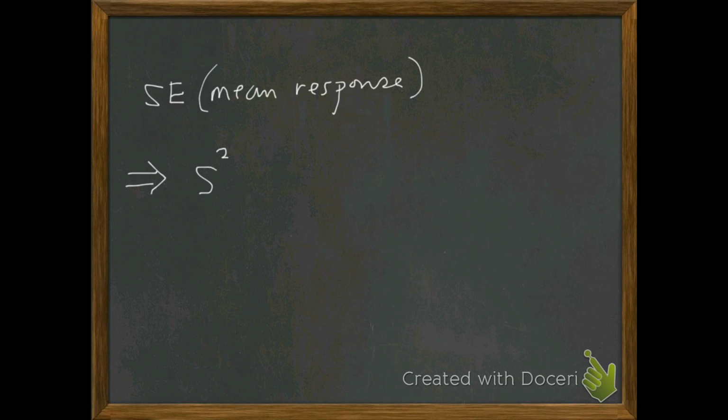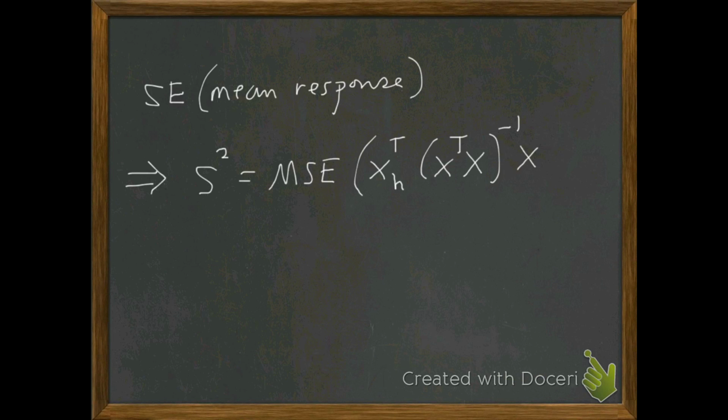Turns out that for the mean response, which will be given to us in terms of the variance, it's going to be the mean square error times x transpose h times x transpose x inverse x h.